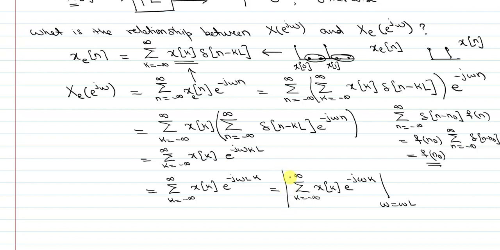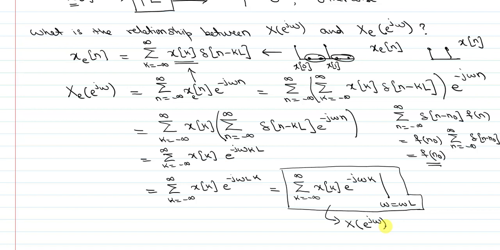Now what is this thing? What is this expression inside before I change the value of little omega to little omega L? Well, that is nothing but the Fourier transform of my original sequence, X of e to the j omega.